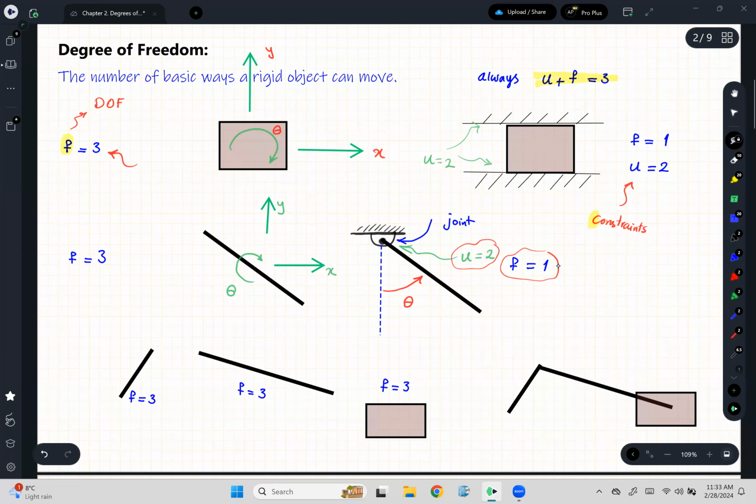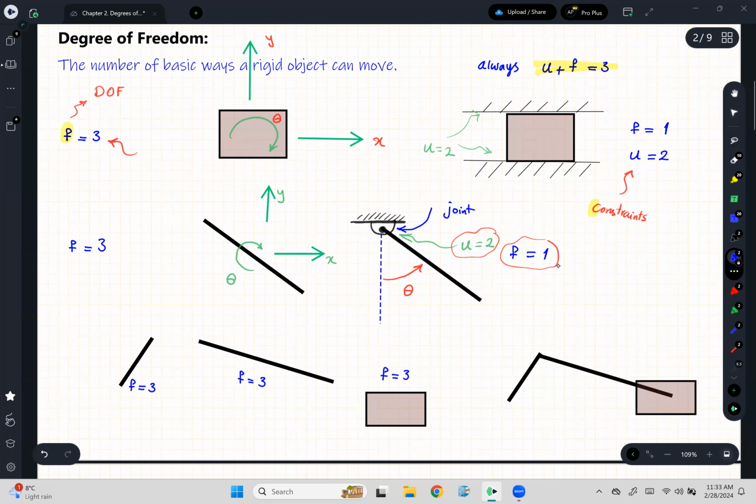If you managed to attend lecture 1, I showed you software there and you saw in a simulation how we managed to join these links. So let's say I join this one to the ground, and I join these two together, and I join this link to the ground as well.